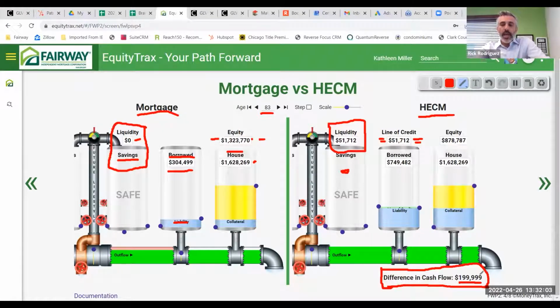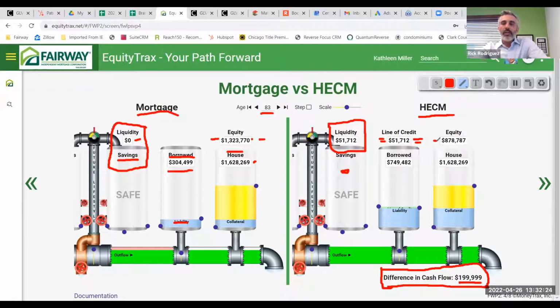But the point is that at this point in time, 10 years in, this person has $51,712 plus $200,000, approximately $251,000 and change in additional cash flow than if they would have continued with the traditional mortgage.